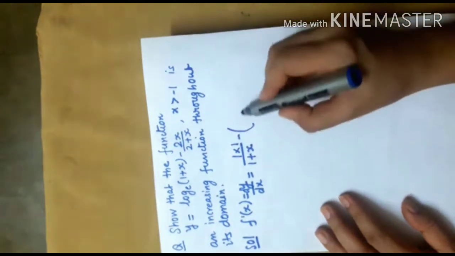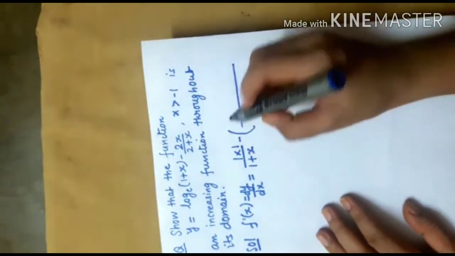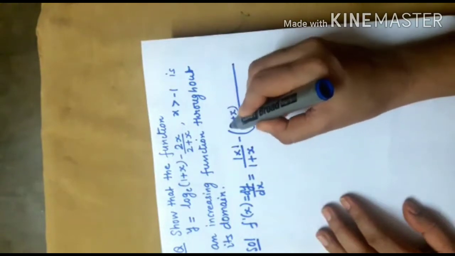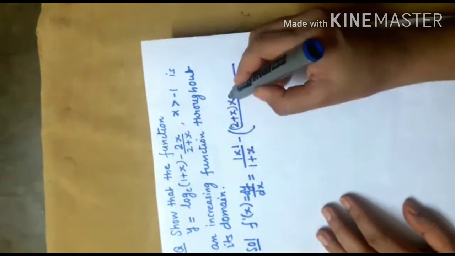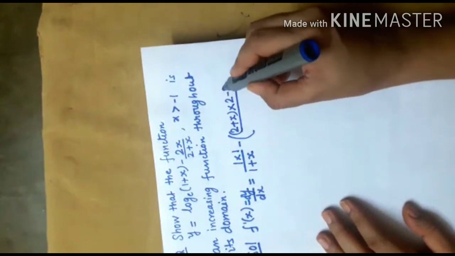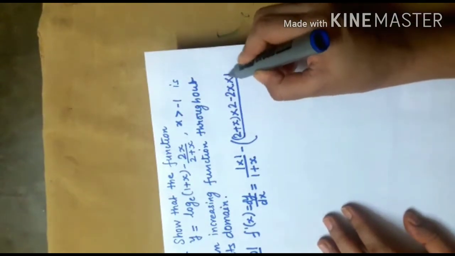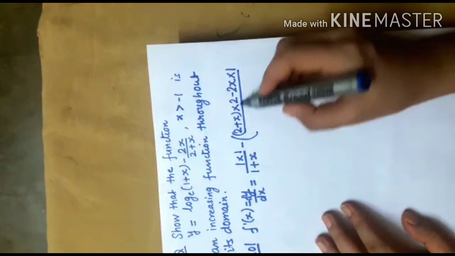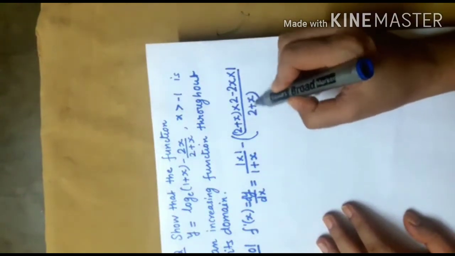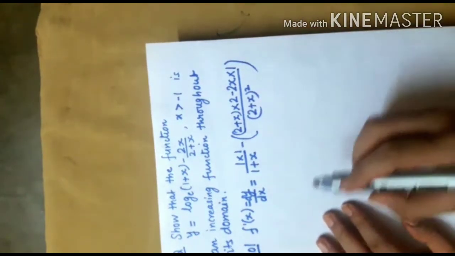Minus, here I'll apply the quotient rule: denominator into derivative of numerator minus numerator into derivative of denominator, whole divided by the square of the denominator.